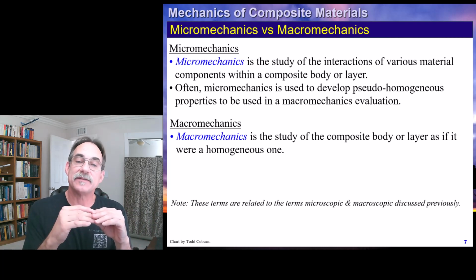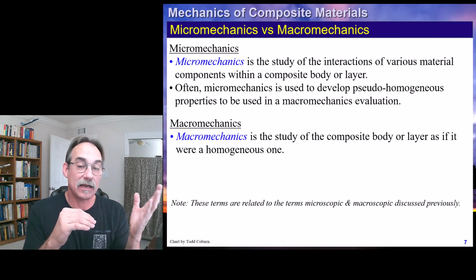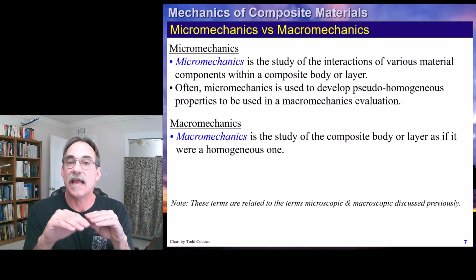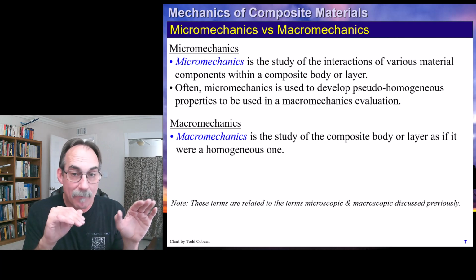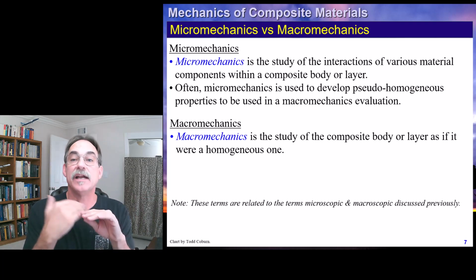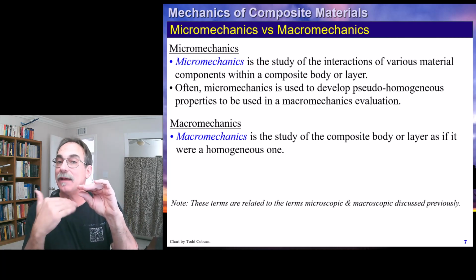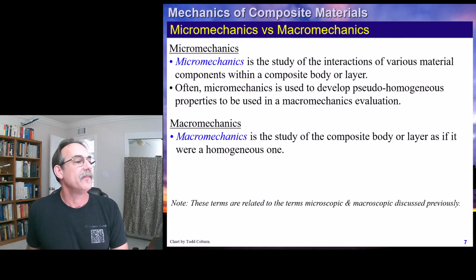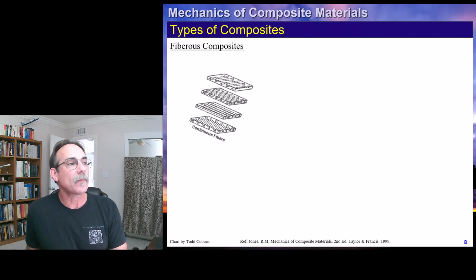When we estimate from the constituent values, we're talking about a micromechanical level of analysis. Once we have the properties of each layer, we call it a macromechanical level. And once we have the macromechanical properties, we're ready to start and evaluate the laminate using classical lamination theory. That's where we're headed. Okay?